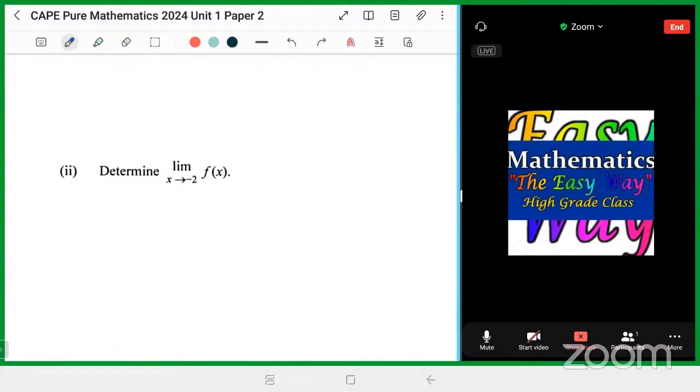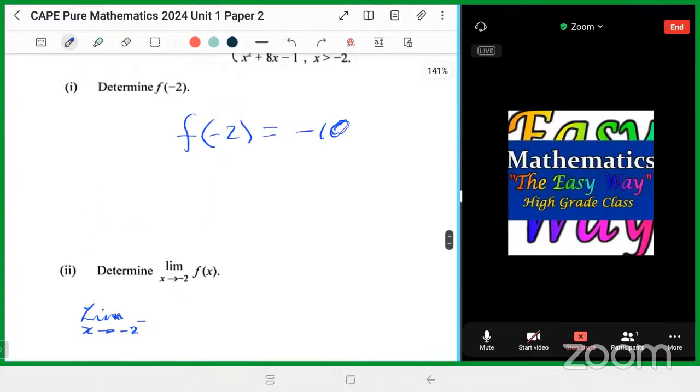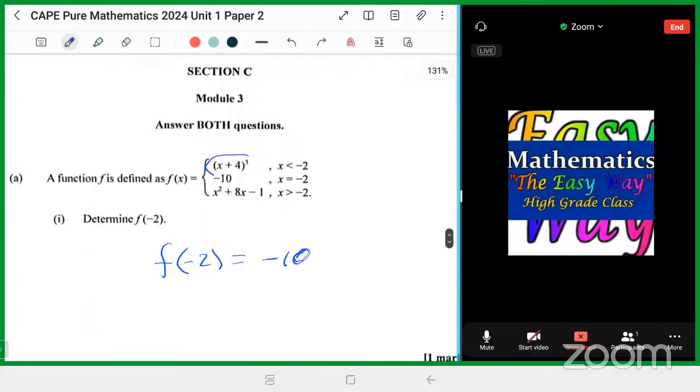The limit as x tends to -2, I'm going to do from the left first. When I'm on the left of -2, I'm on a value less than -2, so I'm on this function, x plus 4 cubed.